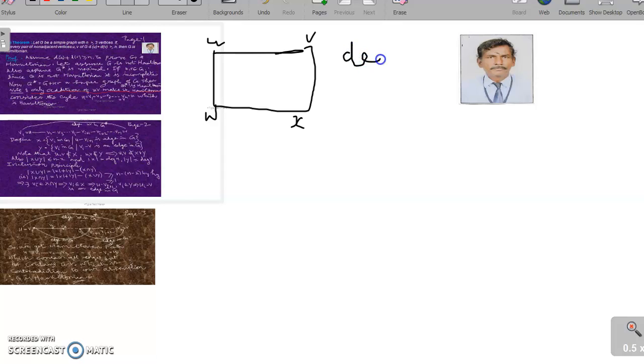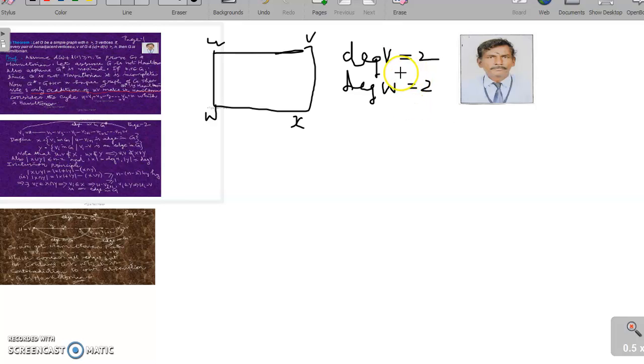The degree of v is equal to 2. Now what is the degree of w? Concentrate on this. w and v are not adjacent to one another.